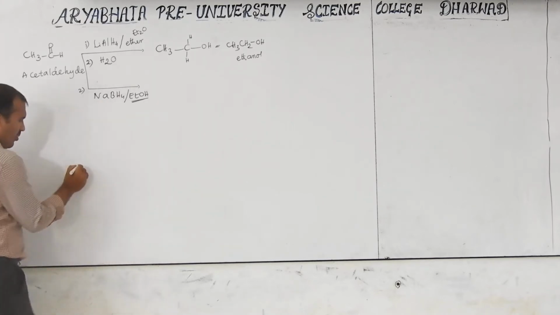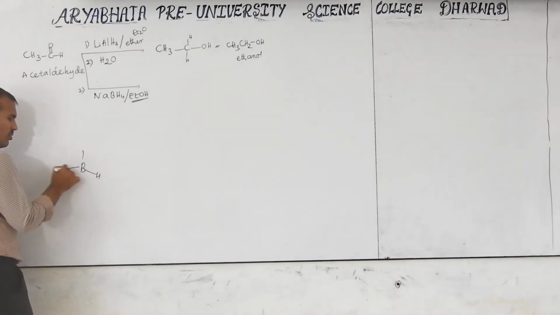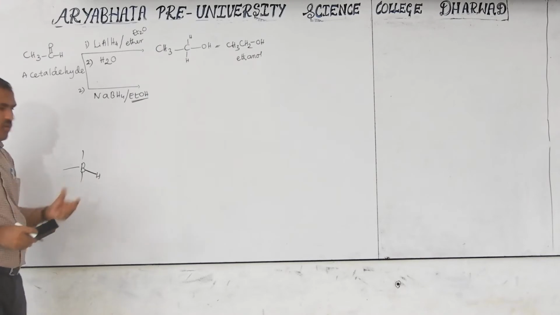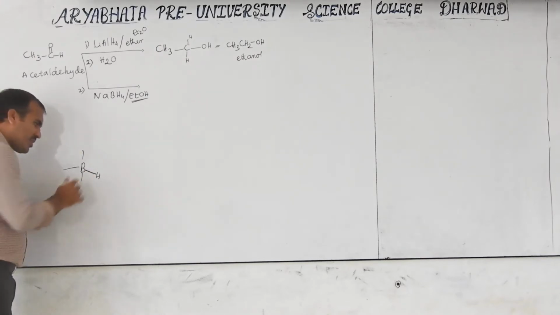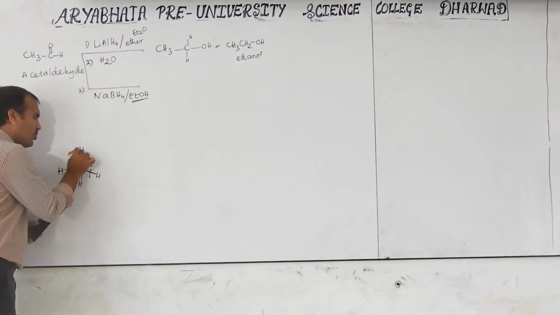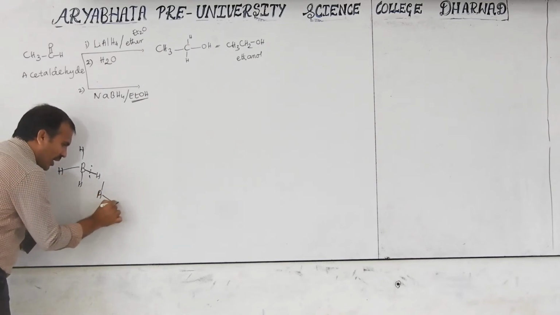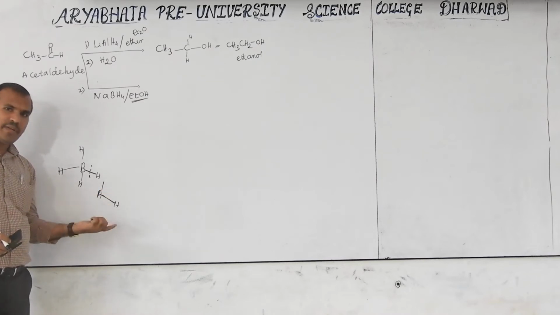Between the boron and hydrogen, how many hydrogens are there? Four: 1, 2, 3, 4. This bond is not that polar, which means it is a stronger bond. To break this bond, we have to use a polar solvent. But if you take aluminium and hydrogen, this is a polar bond, and this polar bond is easily broken down.